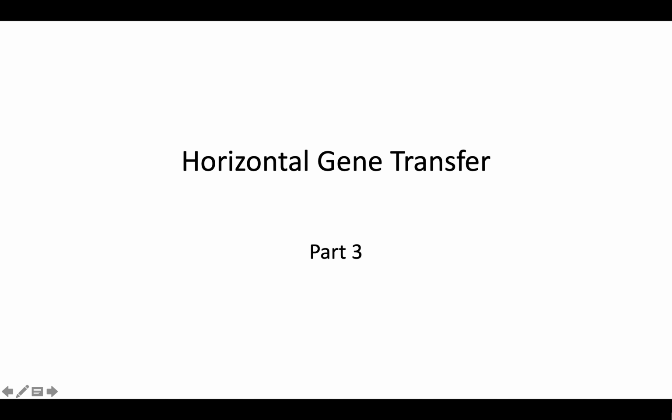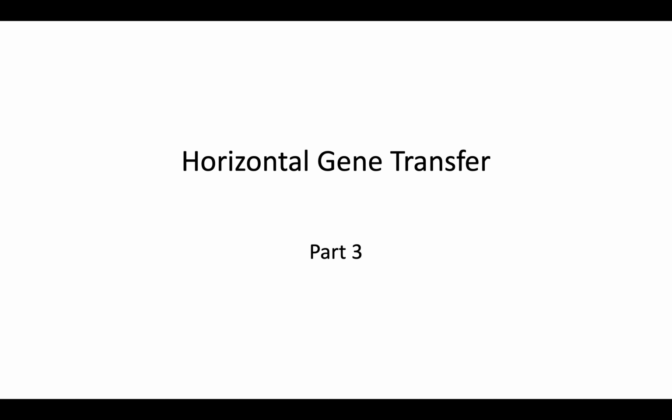Okay, hi. This is part 3 of this unit's lecture, and I had talked about transcription, translation, replication, a little bit about the chromosomes, arrangements of the chromosomes within the bacterial cell, and then tonight I talk further about another type of gene transfer, horizontal gene transfer.